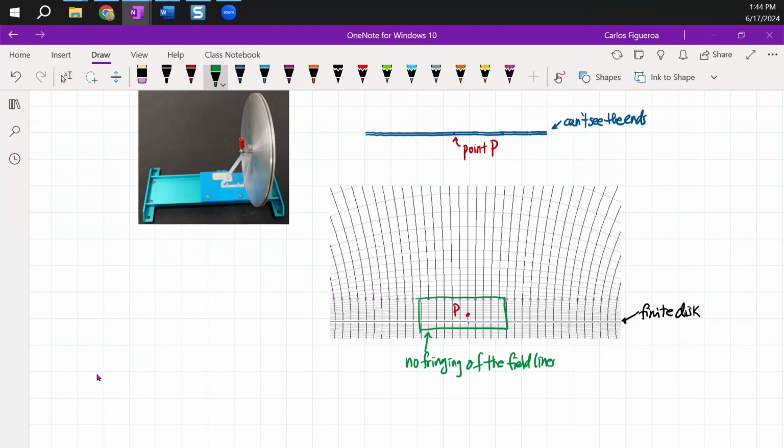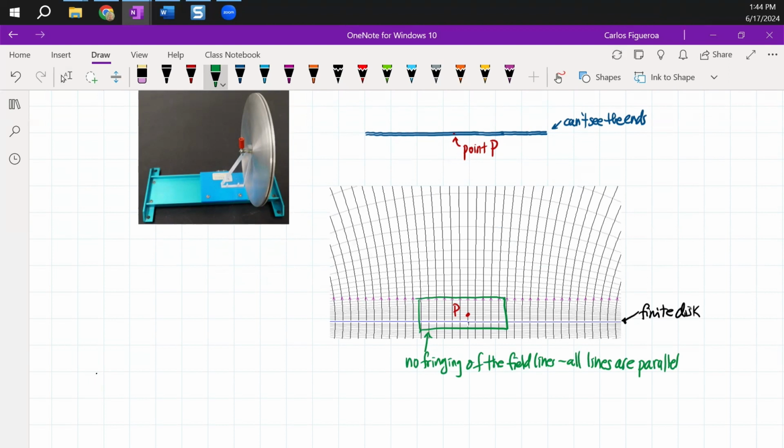And so what that tells me here is that all lines are parallel.